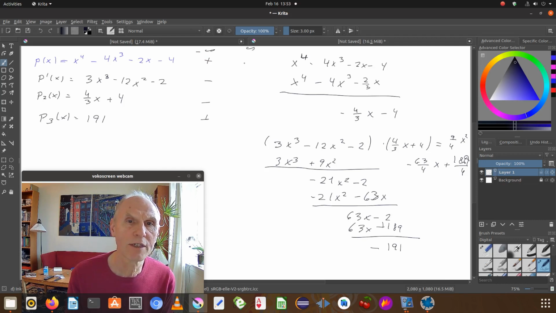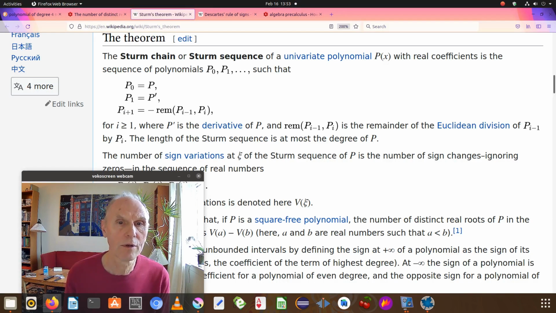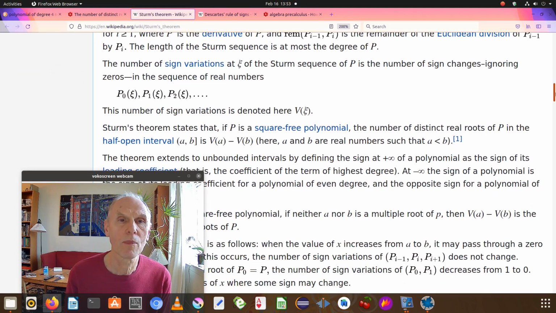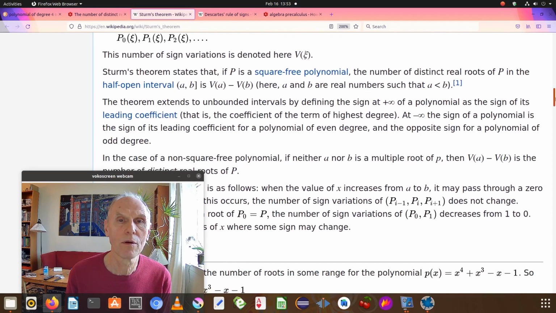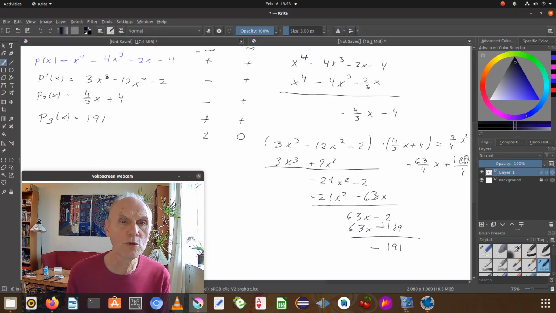At infinity, it's plus, plus, plus, plus. So here we have 2 changes of sign, here we have none. So that's the negative first minus the positive, which should give the number. So there are 2 real roots.